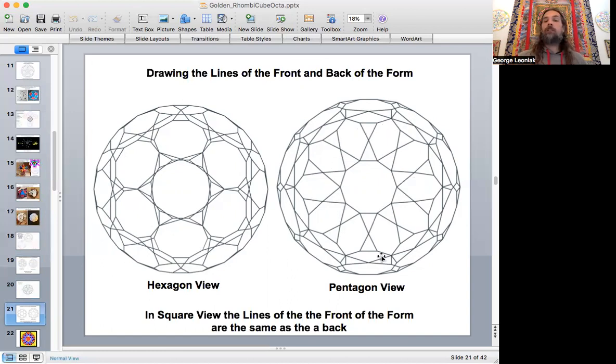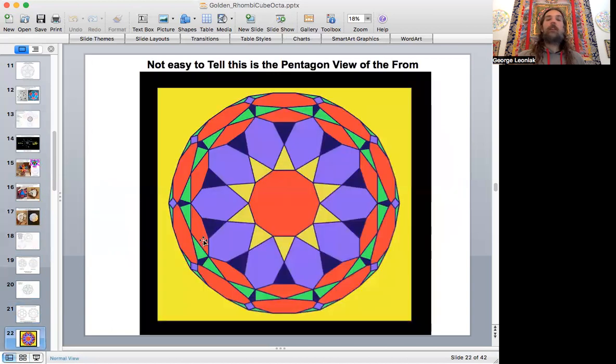Of the hexagon view on the left and the pentagon view here on the right, those really conceal the form, right? So if I were to color in the form here, like I did here for a Happy Spring Equinox Facebook post, it would be tough to tell that this is the structure of the form with the decagon and triangles here, and here's another decagon on an angle back here, and the nonagon faces back in here too, this shallow one.